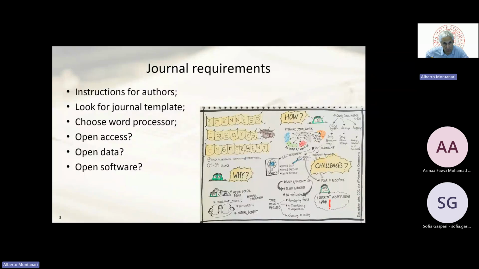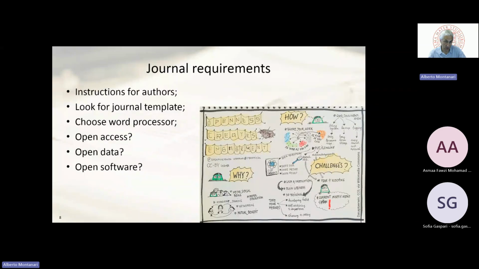What I mean is, you could use a word processor that allows you to change the format more quickly than, for instance, Microsoft Word or LibreOffice. I will explain to you what these possible options are.